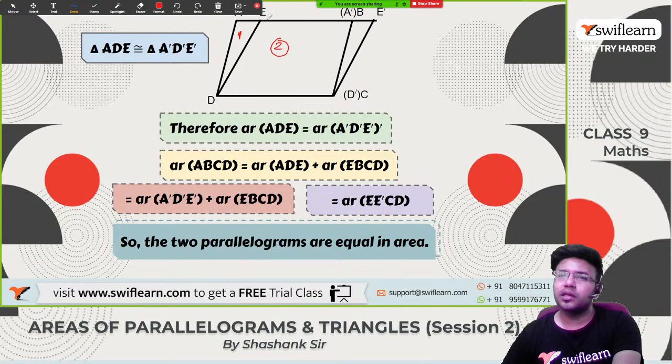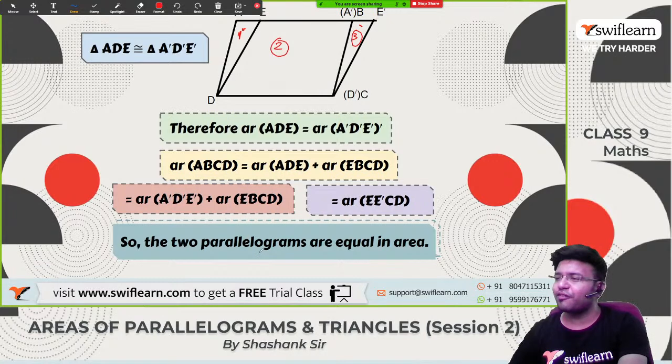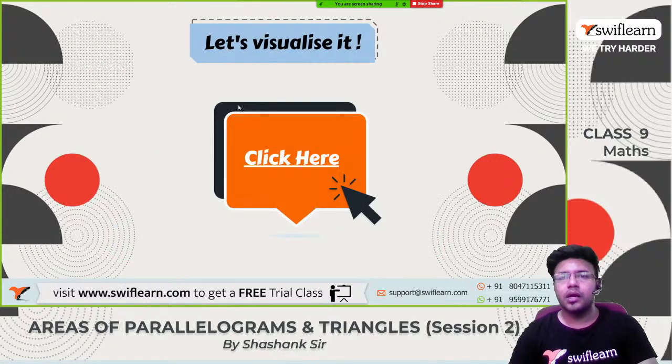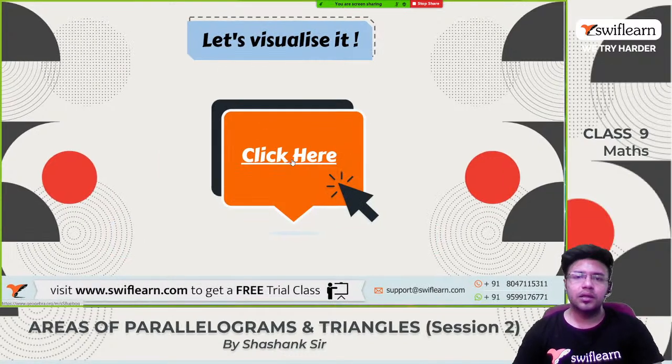Now consider E'CD'. Let this be triangle 3, area of triangle 3 plus area of the quadrilateral 2 is equal to the entire parallelogram. Since triangle 1 and triangle 3 are equal, and quadrilateral 2 is the common area, we can say the two parallelograms have equal areas. Now let us visualize it here.